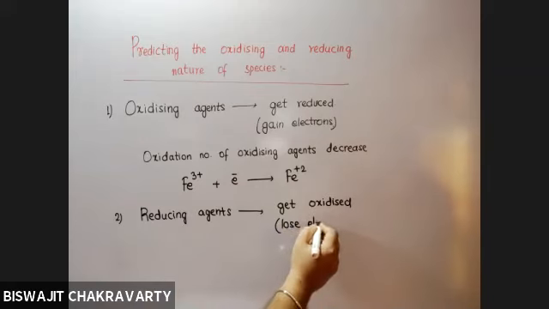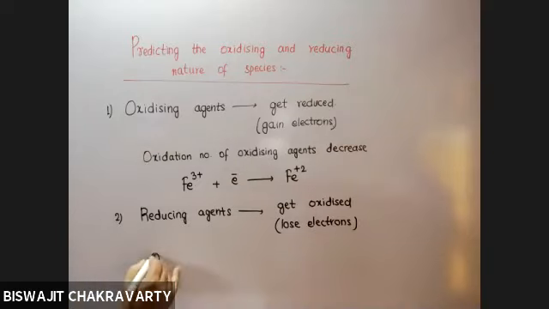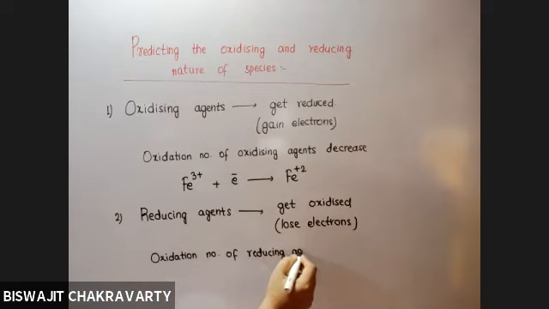Now, if they lose electrons, negativity will decrease, positivity will increase. So the oxidation number will increase. The oxidation number of reducing agents increases.